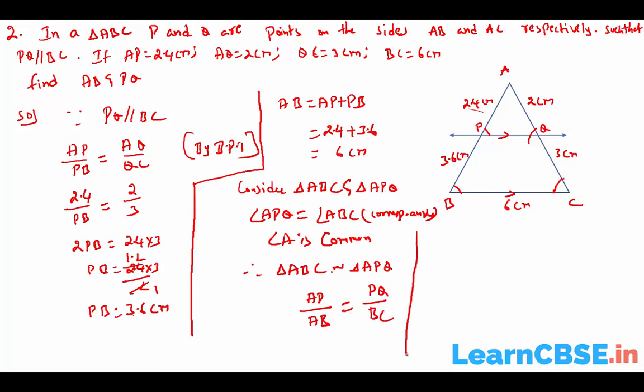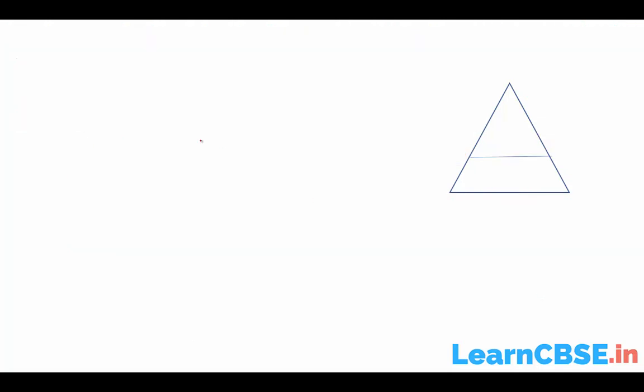Substituting the values, AP value 2.4, AB value found as 6, by PQ by BC value 6. Now these two will cancel, then PQ value comes to 2.4 centimeters. Therefore PQ value equals 2.4 centimeters. Going for the next problem.